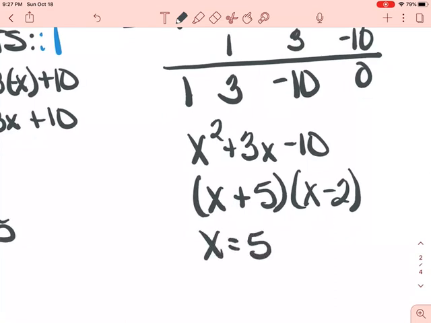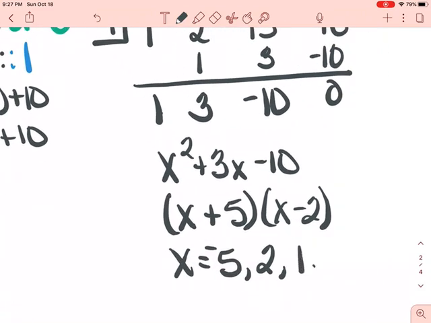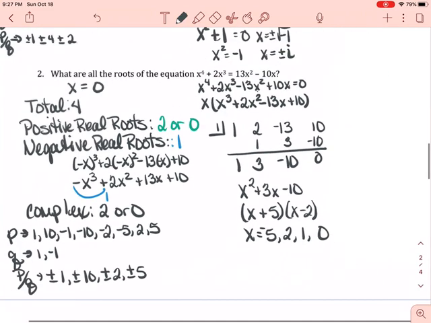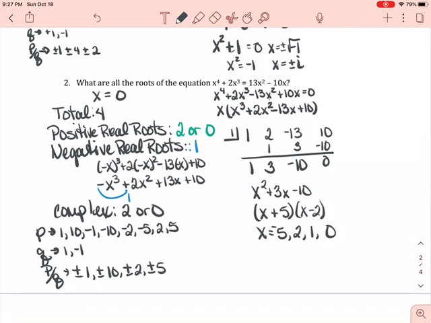Okay, so our answers are 5, negative 5, 2, and up here is 1, and then we had 0. Okay, so those are all our roots.